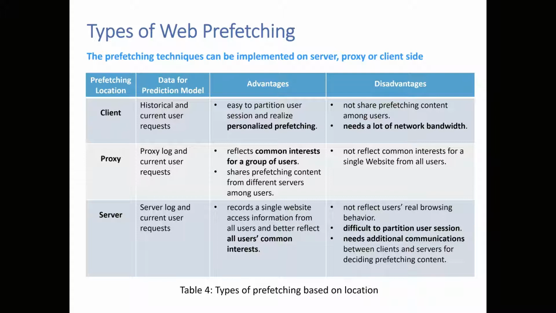While the server-based prefetching concentrates on all users accessing a single website. According to the paper, proxy-based prefetching is considered more effective and more accurate in predicting the correlated pages of many websites in similar interests for more homogeneous users.